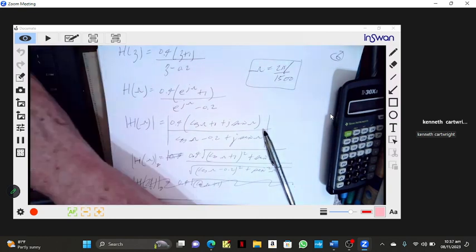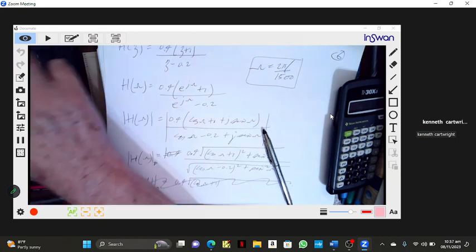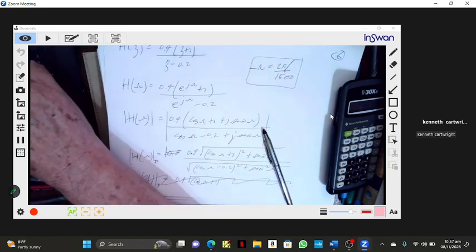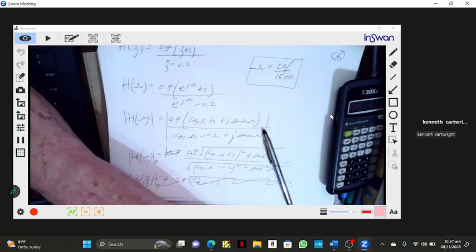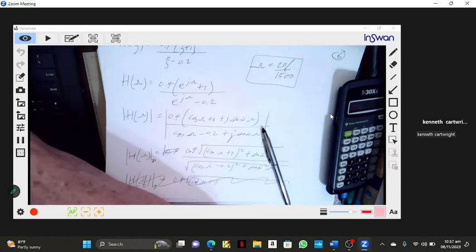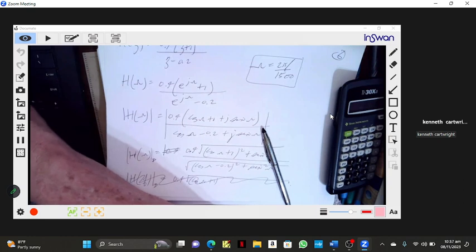Well, let's do the whole title, LPF filter with bilinear.